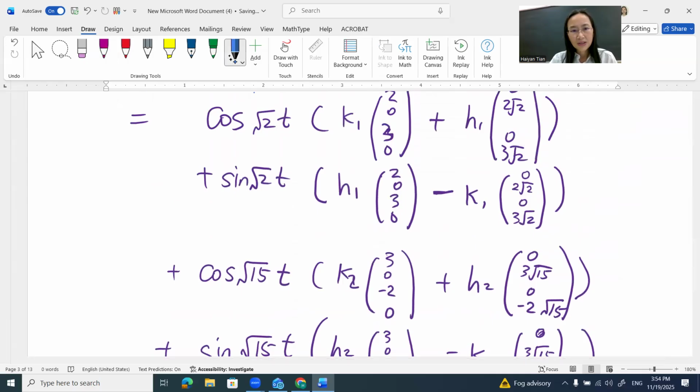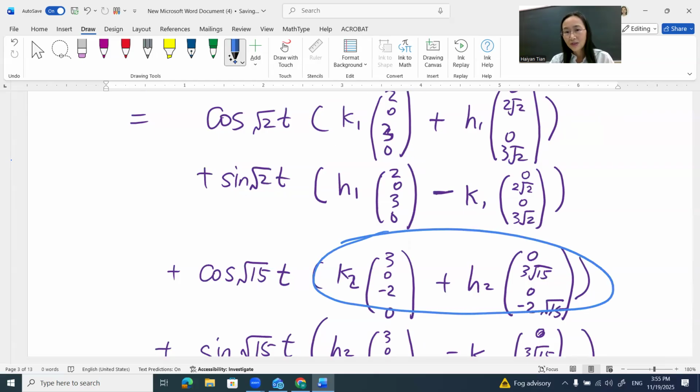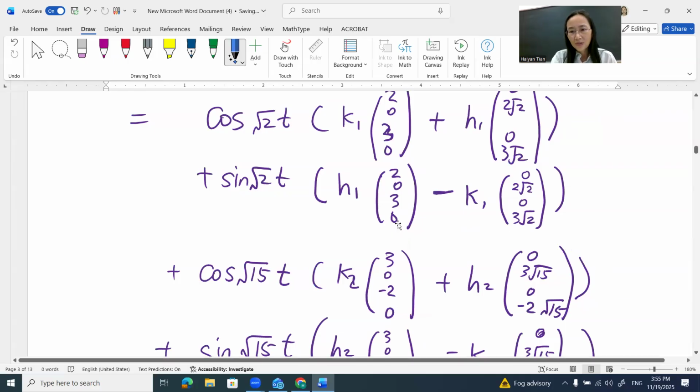When t is 0, this is 1, right? When t is 0, that's a 0. This is all gone. So when t is 0, this part is the only part that's remaining. The sine part is gone, since sine of 0 is 0, 0 times anything, 0. So let's only take care of this, and that added together should be the initial value.